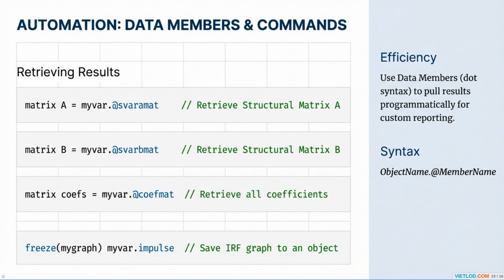For example, setting L1, 2, 4 equals 0, as shown in the image, excludes the first lag of the fourth variable from the second equation of the VAR system. If these restrictions are theoretically valid and supported by the data, this creates a more efficient subset VAR model by reducing the number of parameters that need to be estimated.